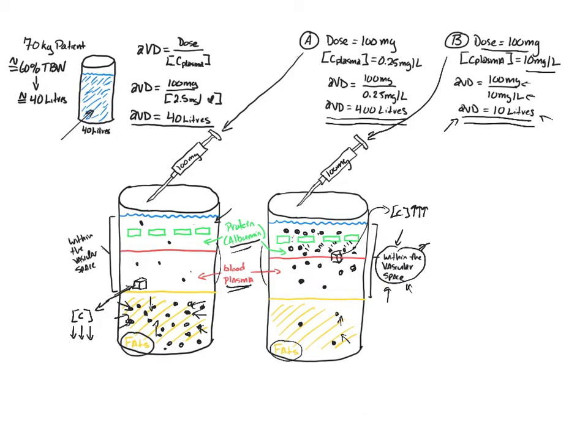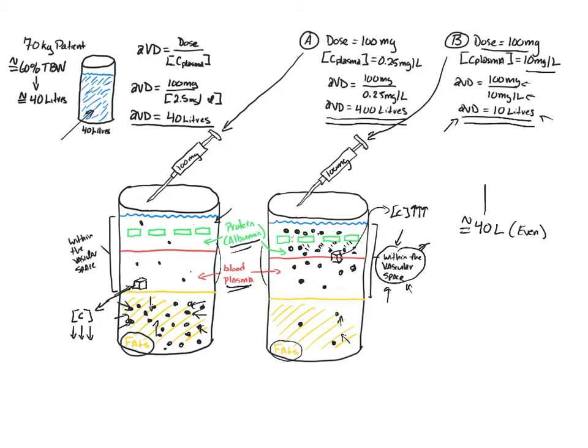And so the interpretation of the volume of distribution is this: when I calculate my volume of distribution, if it's around 40 liters, that means it's fairly even in its distribution. So it's fairly evenly distributed throughout the body, in the fats and the protein binding and the blood plasma and other tissues.